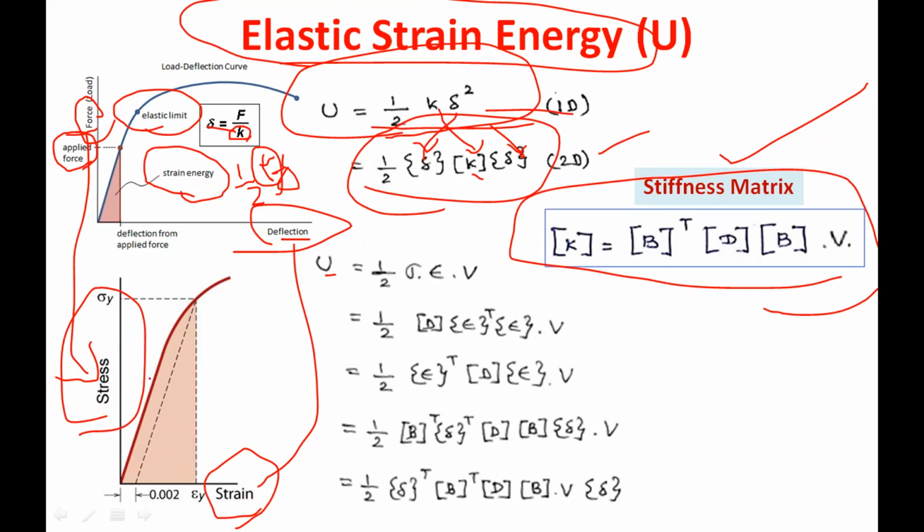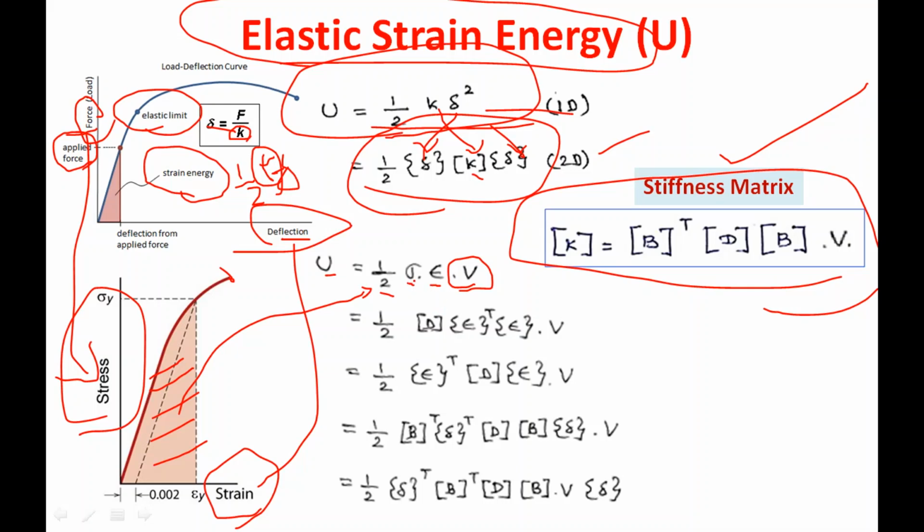The area under the stress strain curve within the elastic limit also indicates the strain energy. The unit strain energy is half into sigma into epsilon, and we multiply with the volume to get the total strain energy.